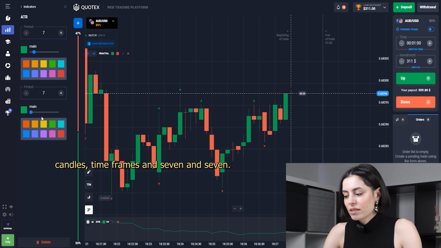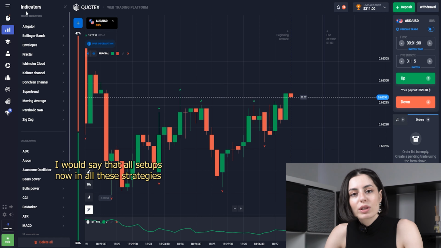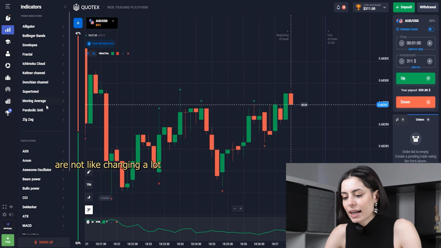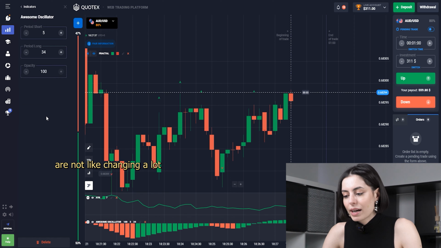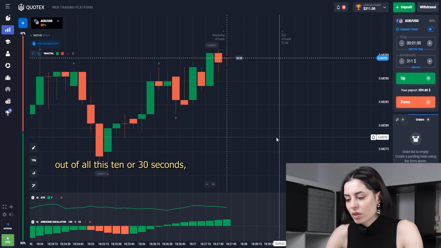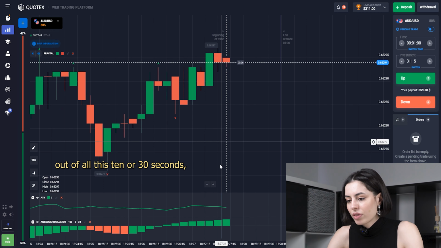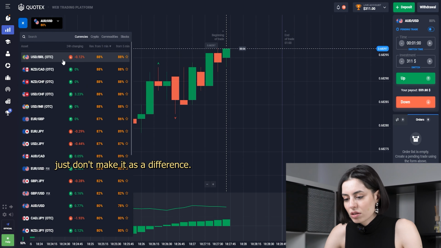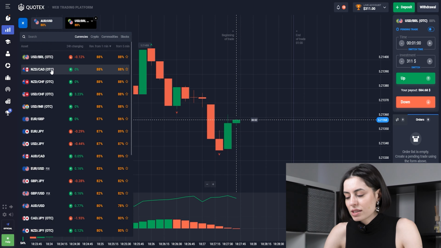All setups in these strategies are not changing a lot, because I just choose the same parameters out of all these 10 or 30 seconds. It doesn't make a difference.